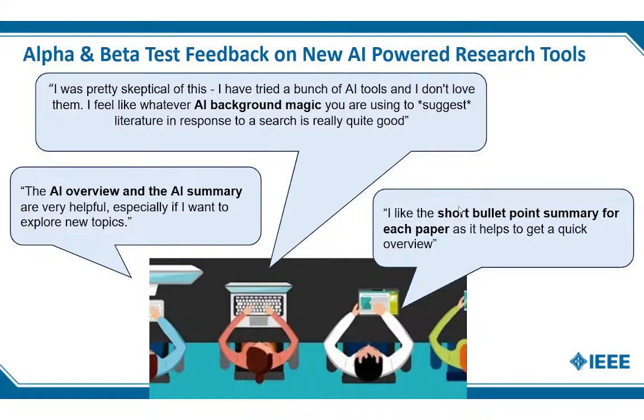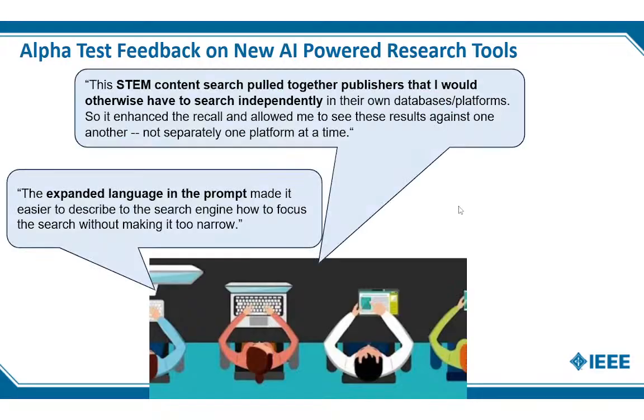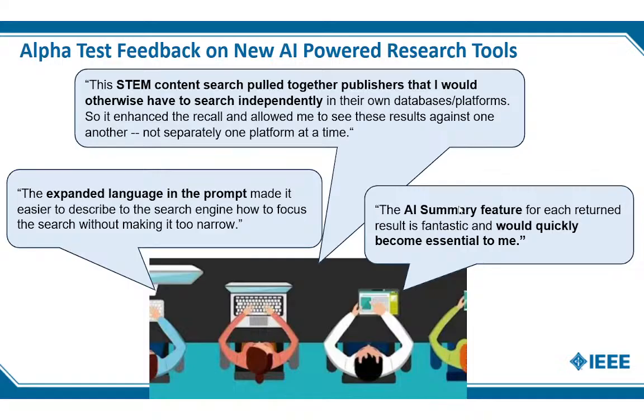So these are some other feedbacks, just to go through them. And the expanded language on the prompt, which is talking about the AI explanation at the individual article level, the key terms, is actually quite useful for us to understand and describe what's happening. And of course, the AI summary is quickly becoming an essential. It helps to provide an overview, especially if you're exploring a certain perspective.